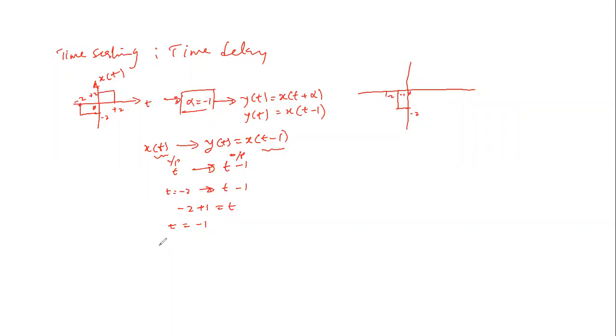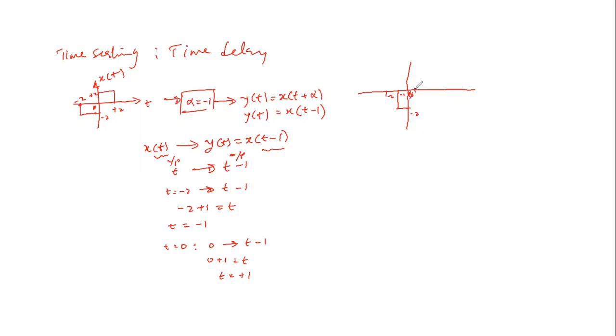Then, how about t at t equal to 0? Then we have 0 turning to t minus 1. So 0 plus 1 is equal to t. So t is equal to +1. So here, this is 0.